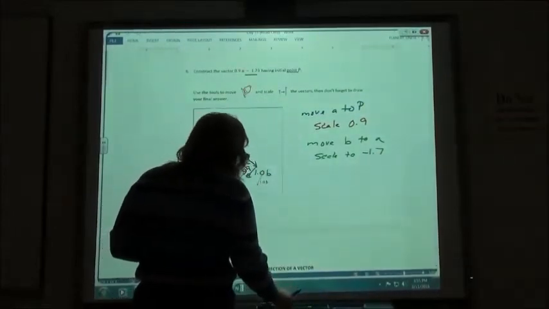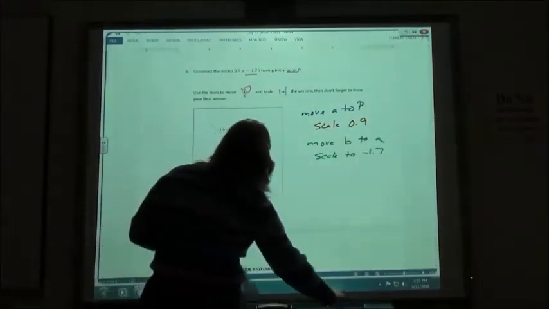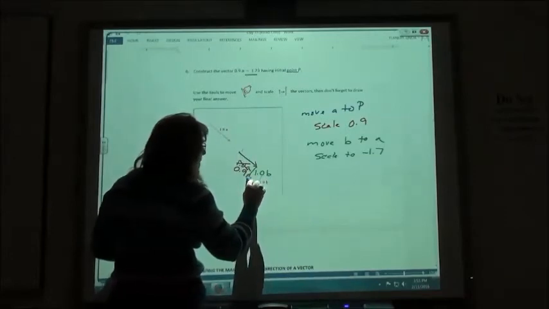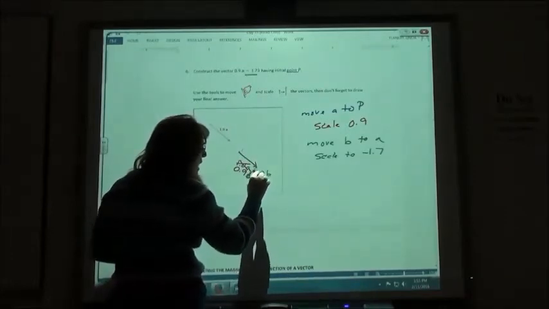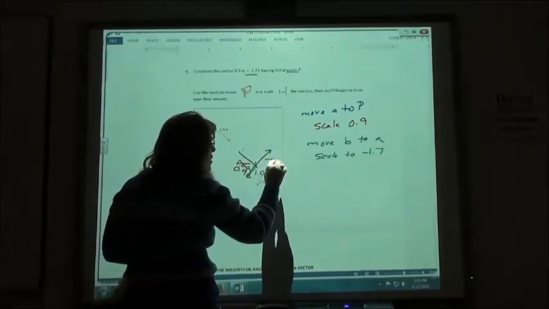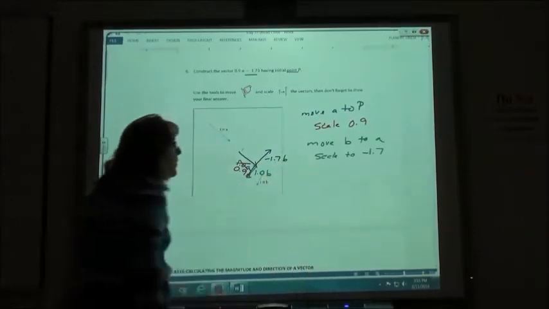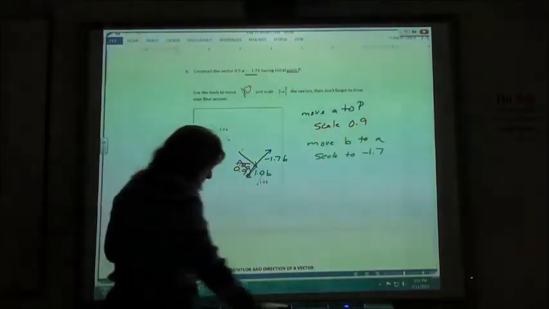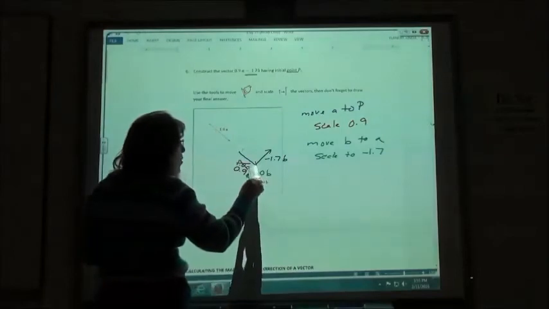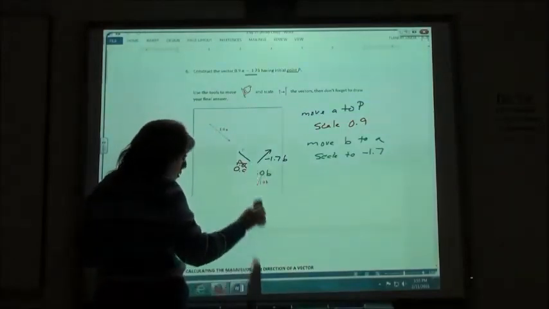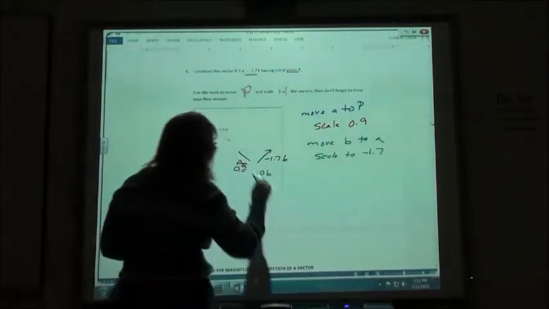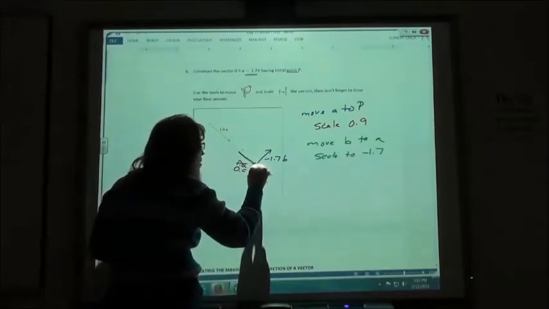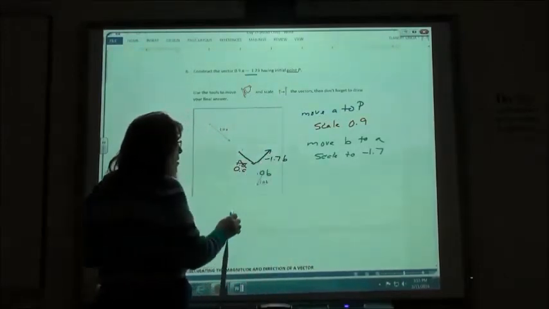So again, I'm just going to push that backwards. And instead of pointing this direction, it's going to end up going in the opposite direction until you get negative 1.7B. So again, you won't see this bottom part because you pushed it backwards. You'll see A going to here, B going to here.